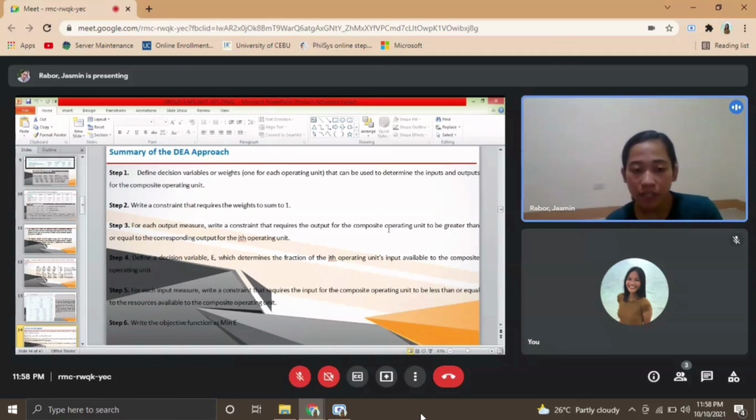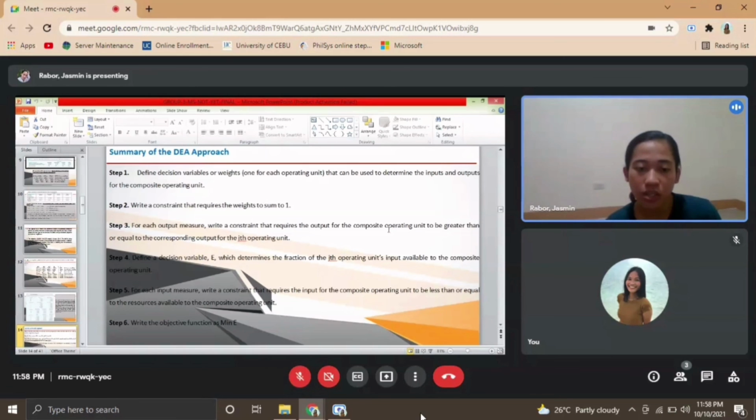Step 4, define a decision variable E, which determines the fraction of the joint operating unit's input available to the composite operating unit. So, mao ni katong E, the efficiency index.